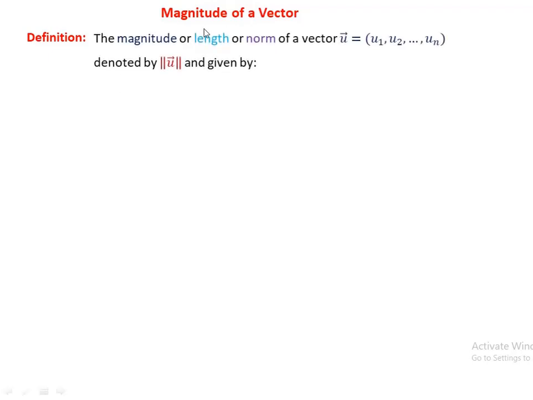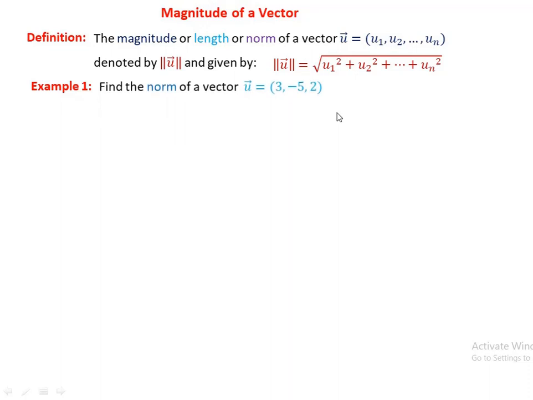The magnitude, length or norm of a vector u = (u1, u2, ..., un) is denoted by ||u|| and given by ||u|| = square root of (u1 square + u2 square + ... + un square). We define the magnitude, length or norm this way; we can use any of the three terms.